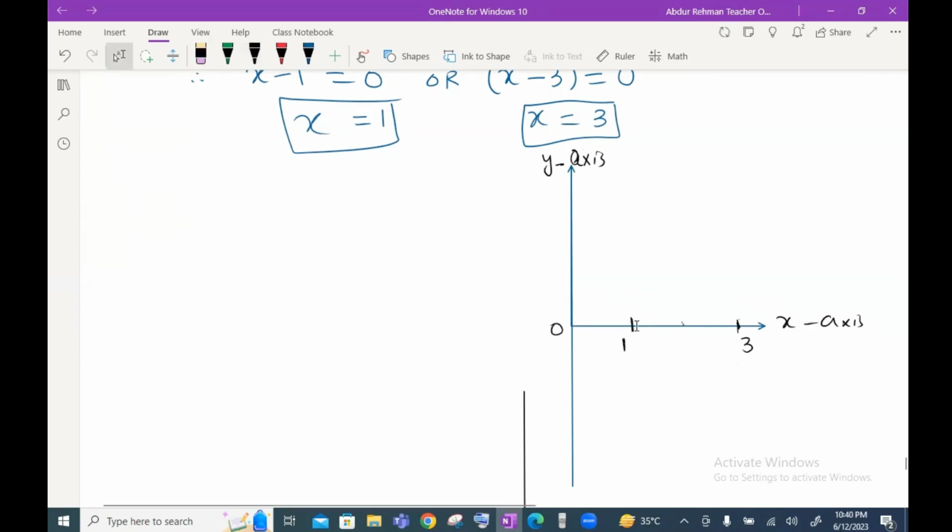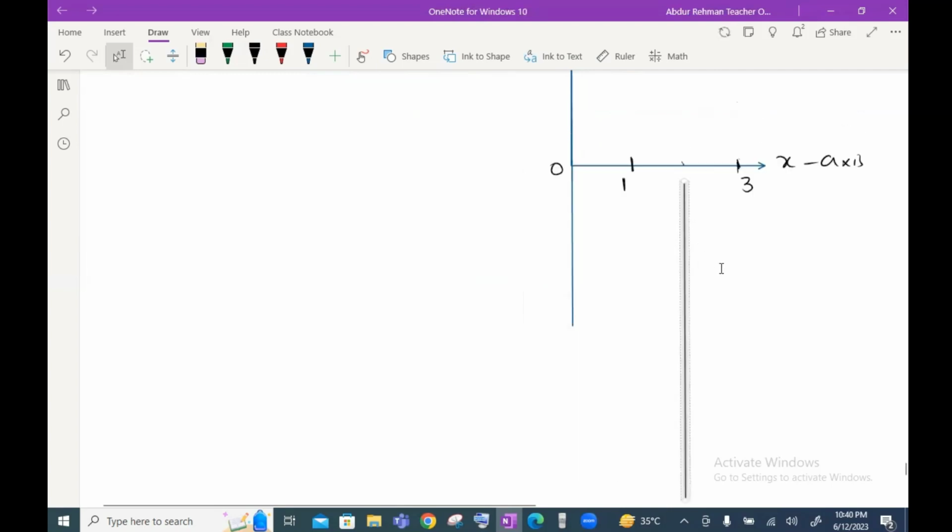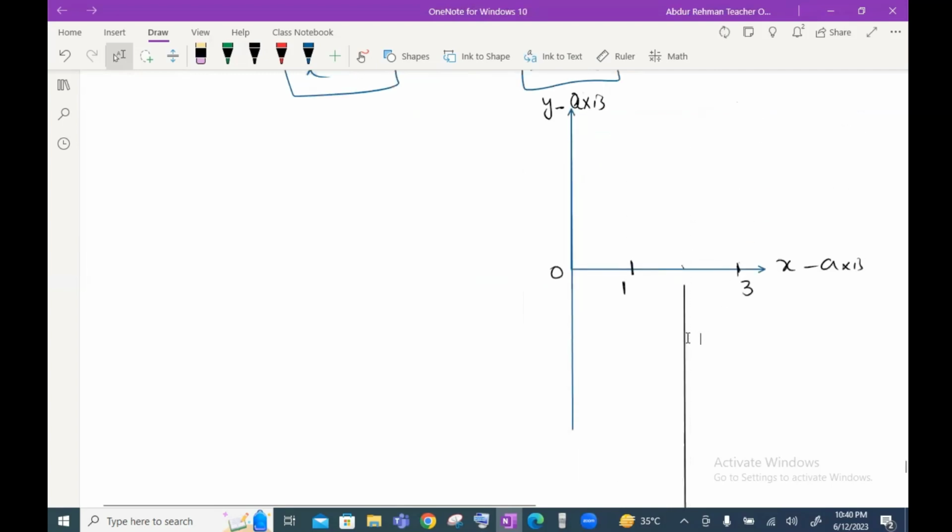Now the next step is find out the equation of line of symmetry. The line of symmetry is passing through the midpoint of 1 and 3. So the midpoint is 2 here. This is our line of symmetry, and I am going to draw the line of symmetry here.